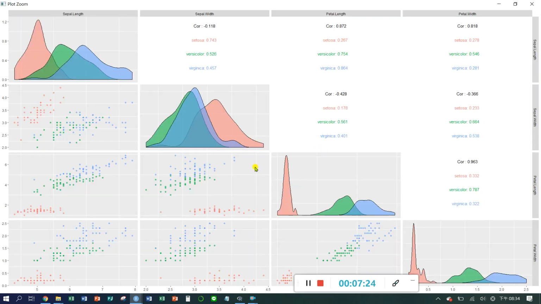Okay, so what is this diagram for? This diagram draws the pair of sepal width and petal length.